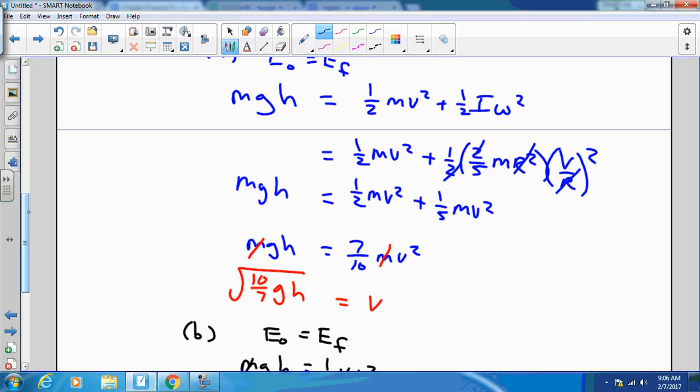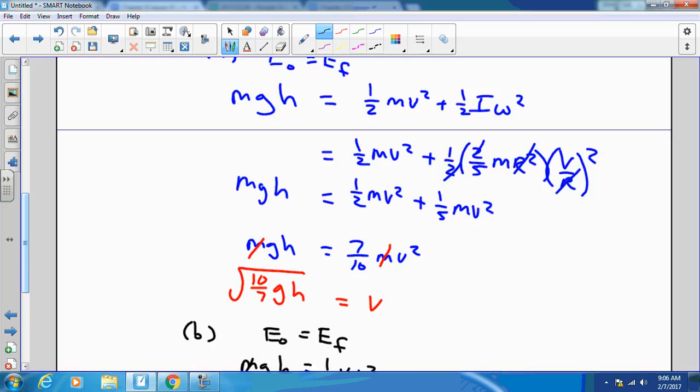Why? Well, we can actually see it by going back and looking at how we solved this. In the case of sliding without rolling, we have no energy being distributed to rotation. If you think of mgh as a pool of energy, essentially, that is now distributed.